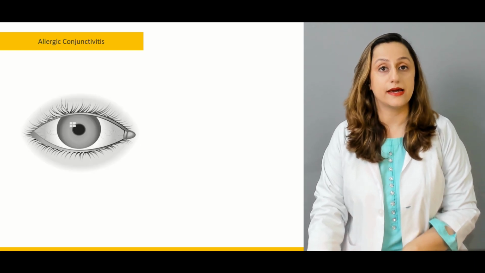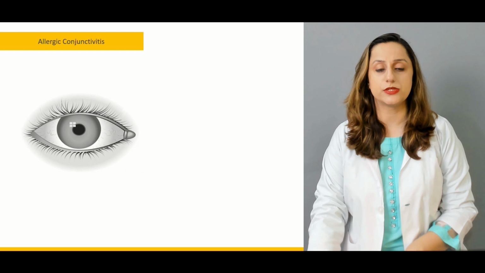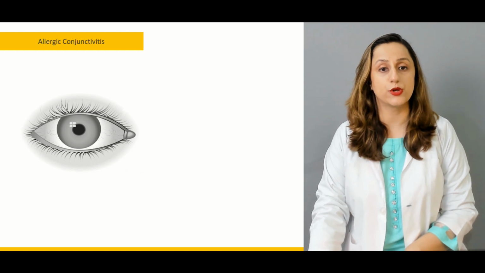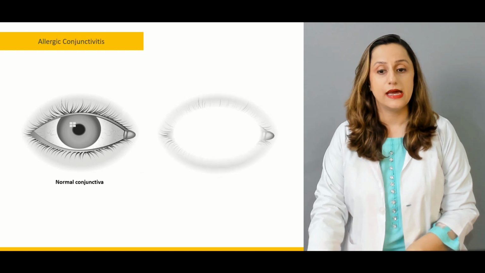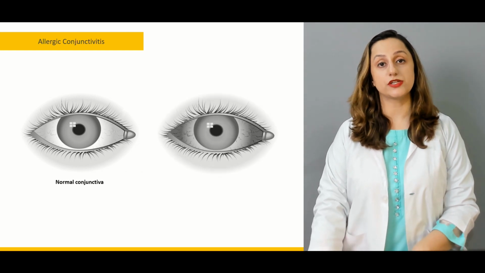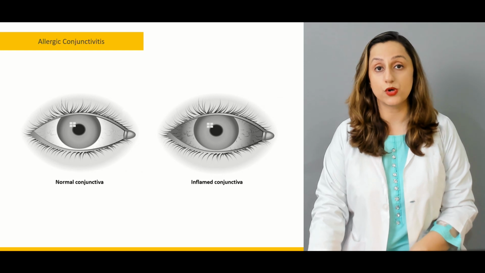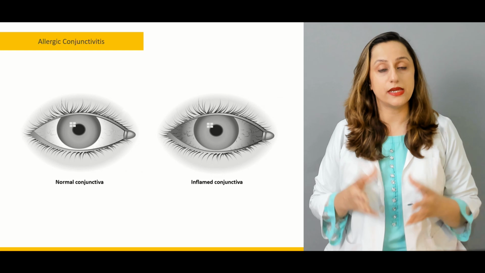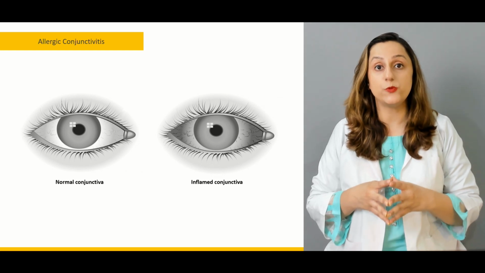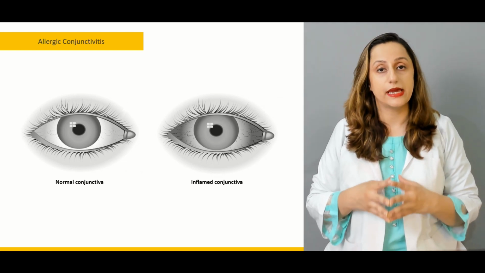Specifically, if we look at the eye in a normal patient, it would look as shown in the diagram. And then if we have a patient with conjunctivitis, the eye would look quite irritated. The vessels would be enlarged and there would be visible signs of irritation in the eyeball.